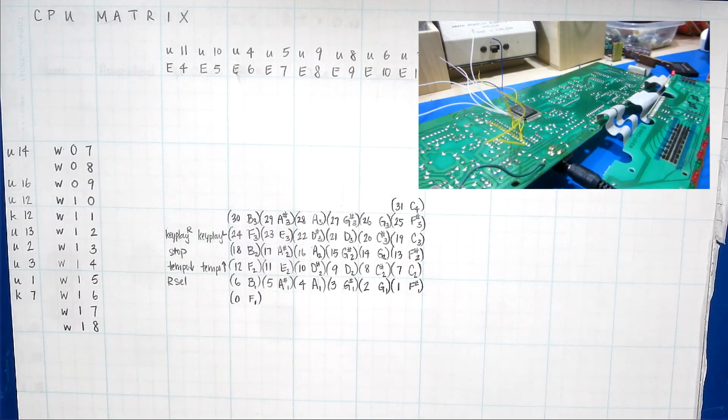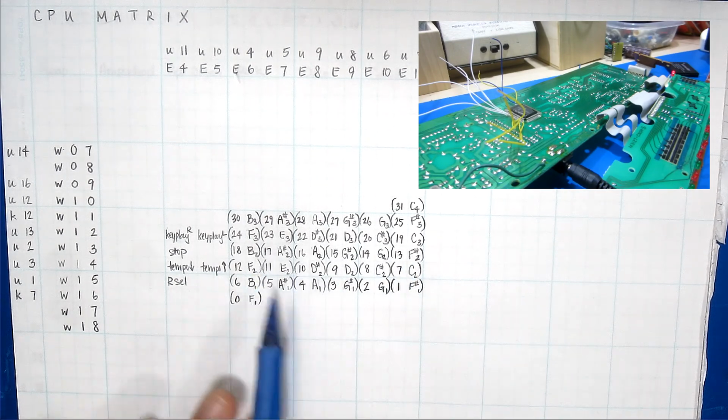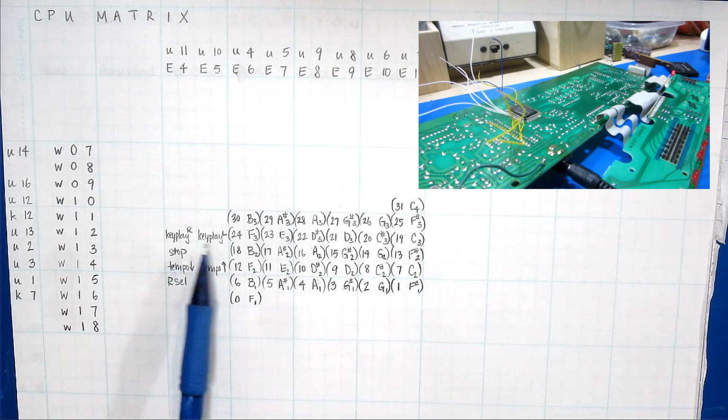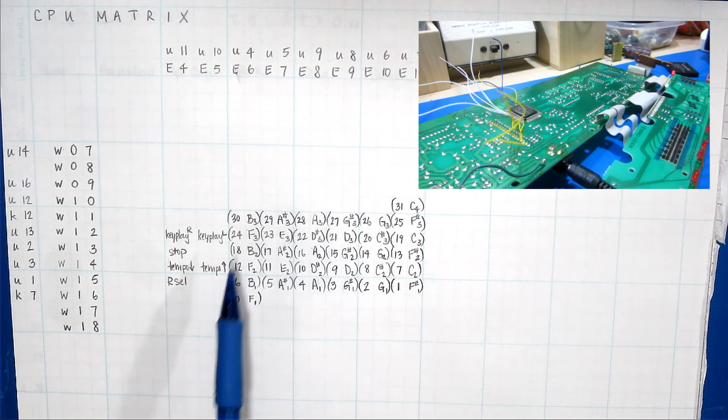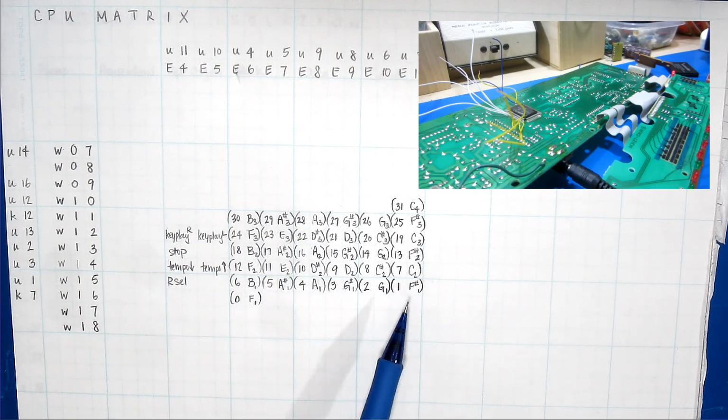Okay. I've gone ahead and filled out all of the elements that we know we have on the keyboard. You'll recognize these 6 switches from the user interface board, and then these are the switches on the actual keyboard.